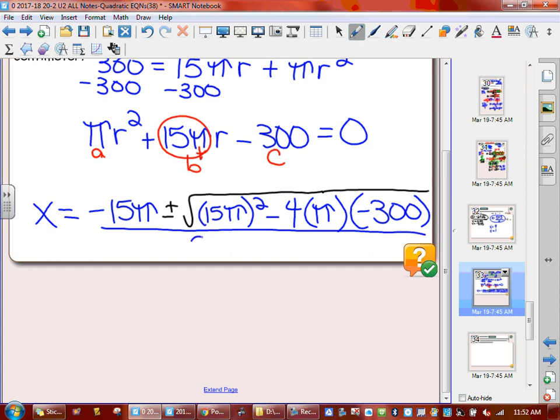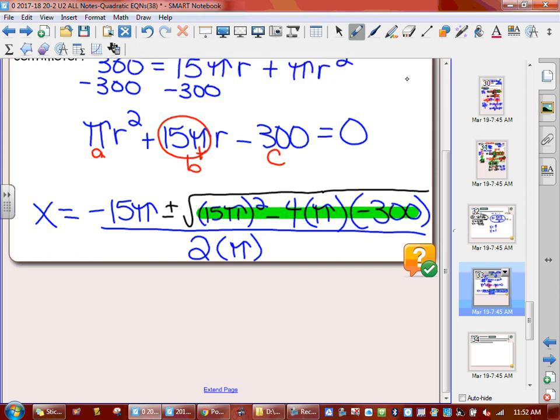So now what we're going to do is we're just going to literally multiply these numbers. Because pi is a run-on number, we're not able to actually solve it unless we hit our button. So we're going to start using buttons in a moment.